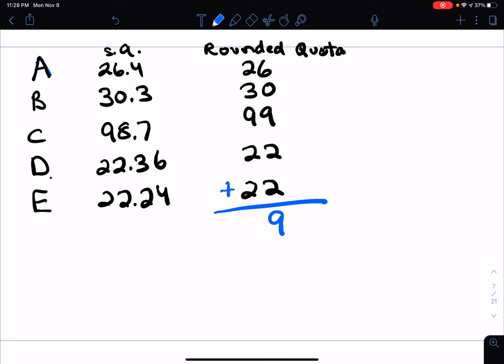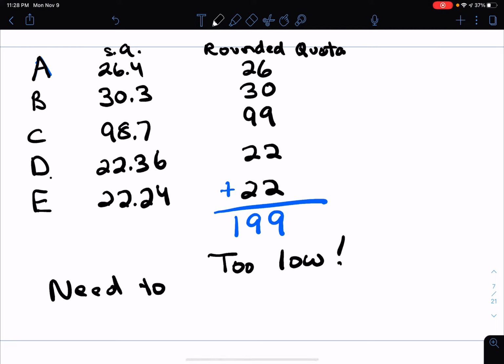then the total is too low. Need to go higher. So use a lower divisor.